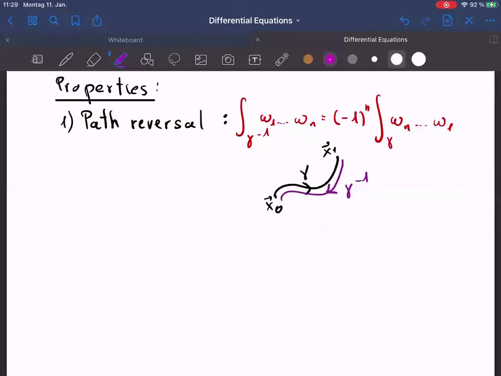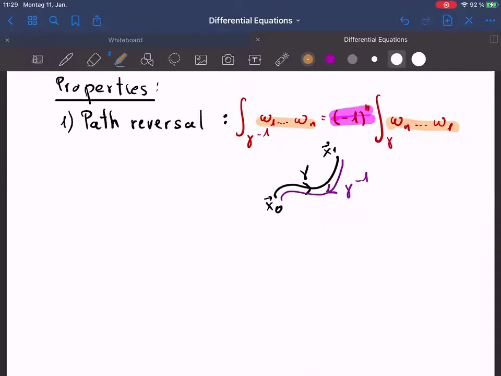If I have an iterated integral, things are slightly more complicated. I change sign, but it depends on the number of iterations that I make. So I get (-1) to the n. Indeed, when n is equal to 1, I get -1, so I just change sign. But the other thing that happens is I also need to reverse the order, because I had ordered my integrations along the path in a given direction.